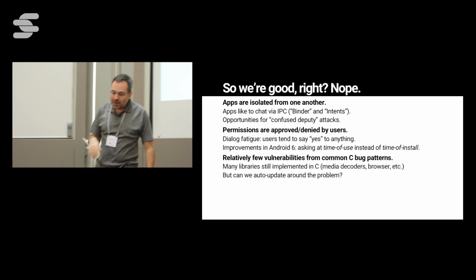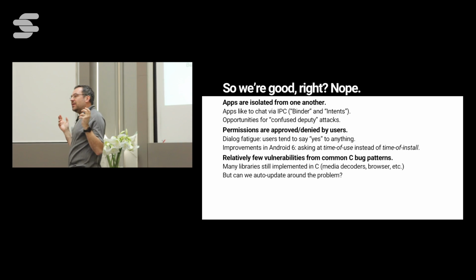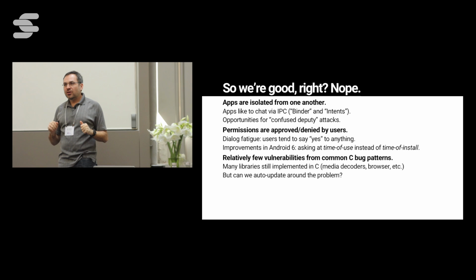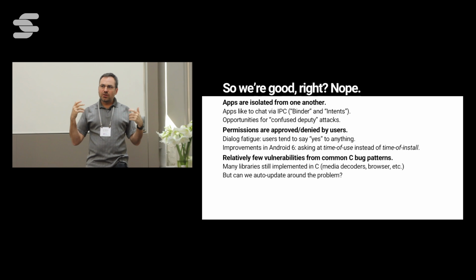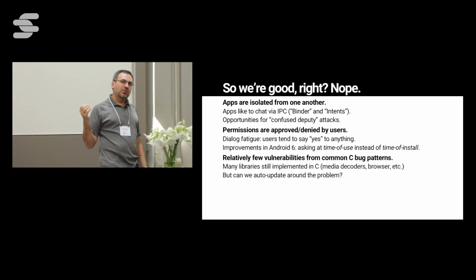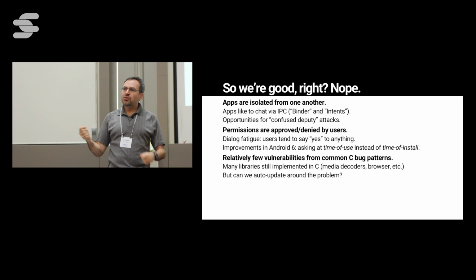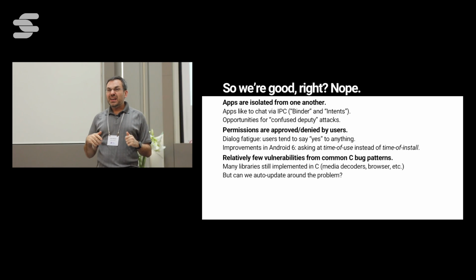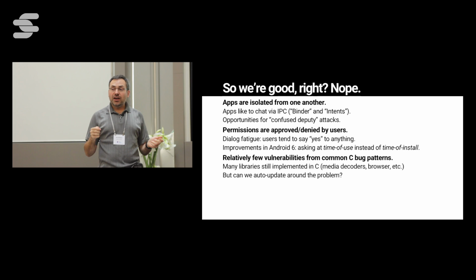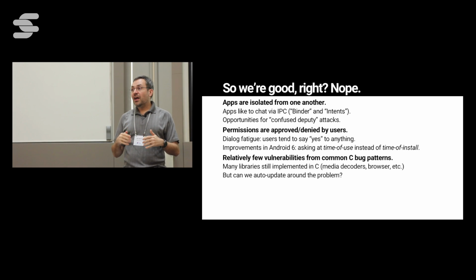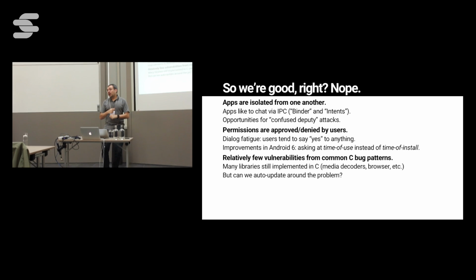No. Apps in the Android world are very chatty with each other. There are several different inter-process communication layers. Binder is a kernel extension that lets two Android apps talk to each other. Intents are the Android feature that let you say, I have a PDF.